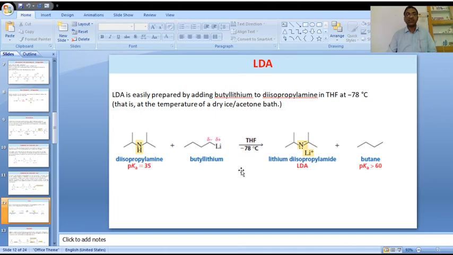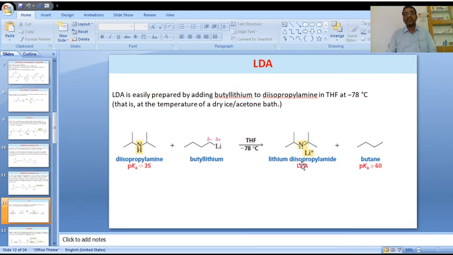The reaction proceeds here in between these two reactions, diisopropyl amine and butyl lithium. This is the attachment. Here, loss of H plus, and this lithium plus rotates around the nitrogen minus.